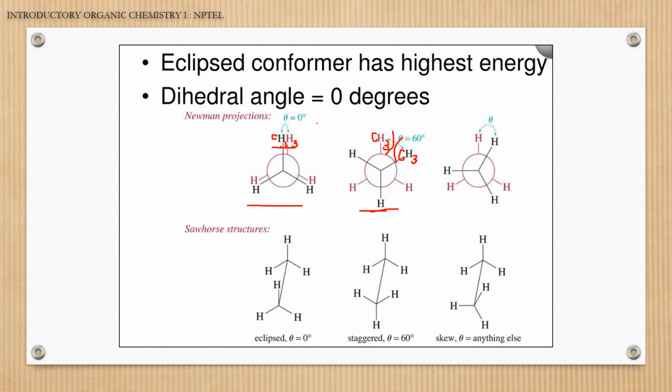If you are talking about the anti conformation, which I am coming to in a few slides, the anti conformation doesn't have any strain. The torsional strain is relaxed and the steric strain is also relaxed, because the methyl groups are anti towards each other, with a dihedral angle of 180 degrees. So in the anti conformation there will be no strain, and that will be the most stable conformation.